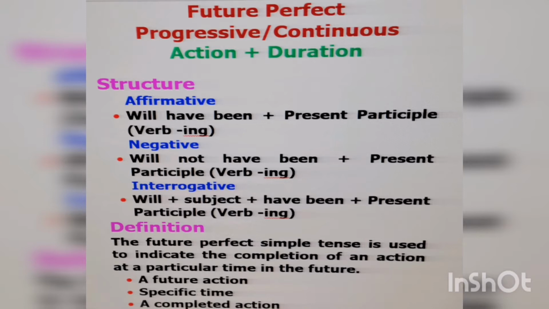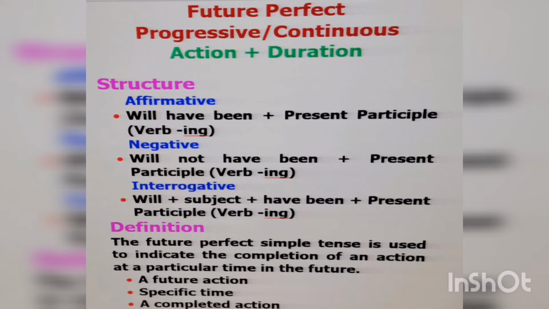Concerning the definition of this tense, what time do we use it? Or when do we use it? The future perfect continuous or progressive tense is used to indicate the completion of an action at a particular time in the future.